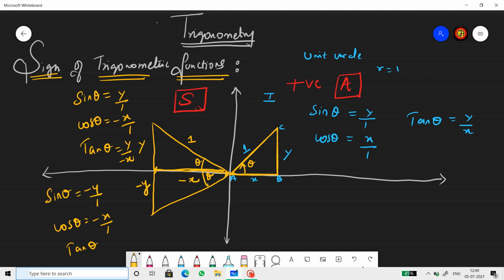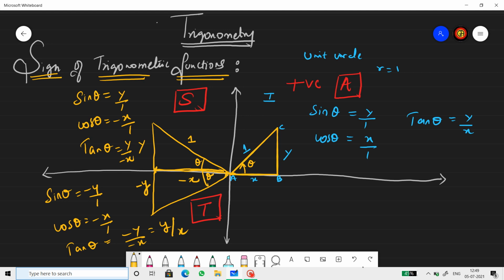And tan theta will be minus y by minus x, which is y by x. So that means sine and cosec are negative, tan is positive. If tan is positive, then cot is also positive. Right? So in the third quadrant, only tan and cot are positive. So we represent the third quadrant by letter T.